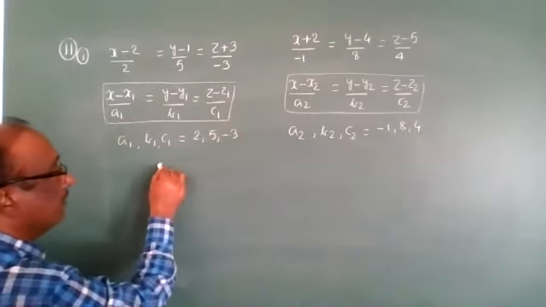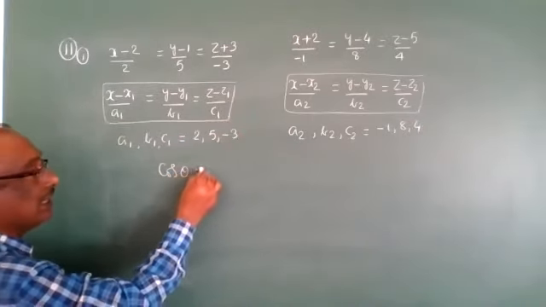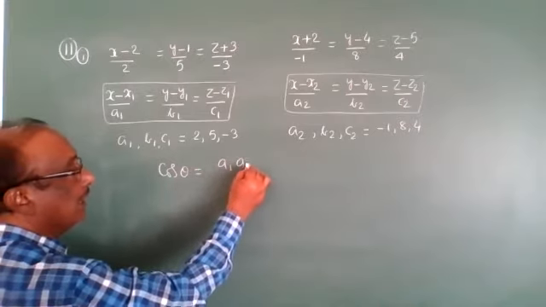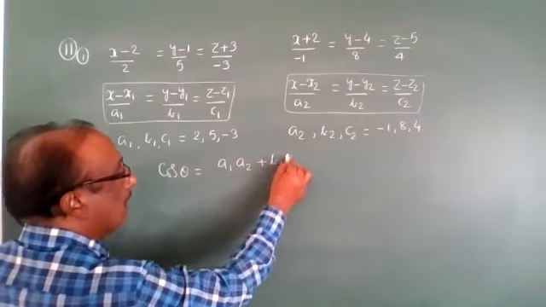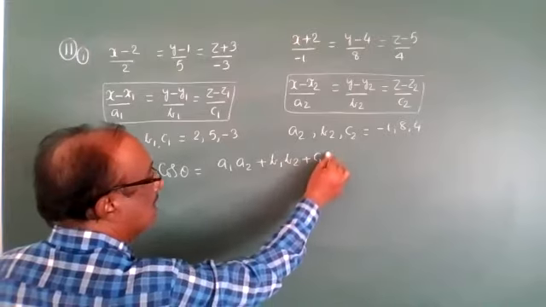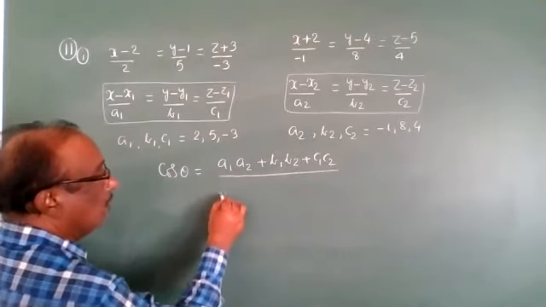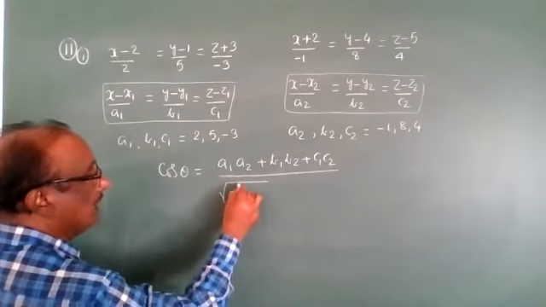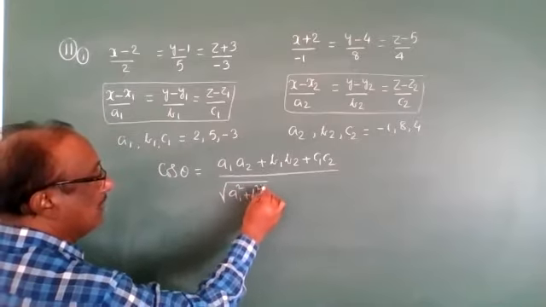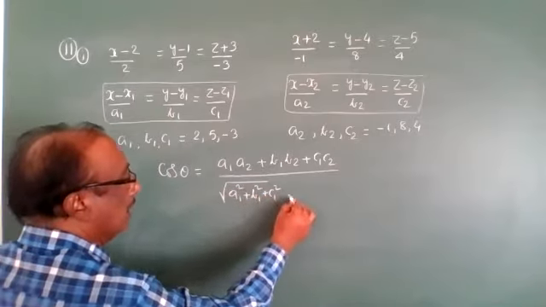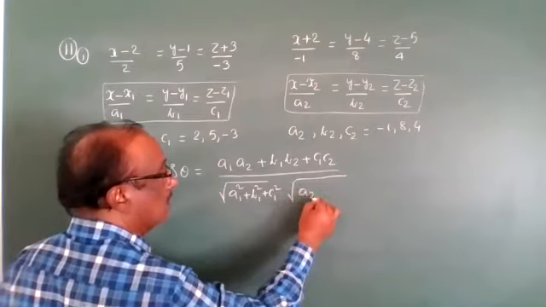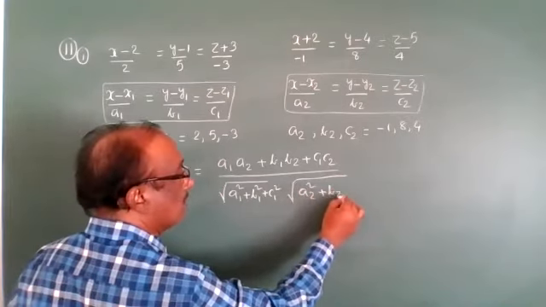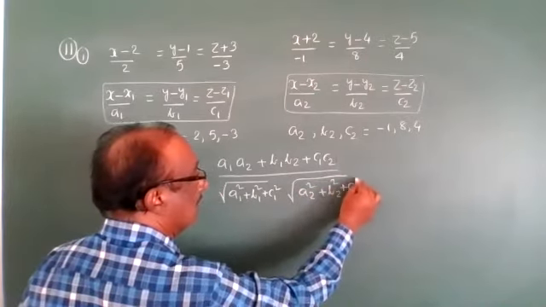Then write the cos theta formula with direction ratios only: a1 a2 plus b1 b2 plus c1 c2 by root over a1 square plus b1 square plus c1 square into root over a2 square plus b2 square plus c2 square.